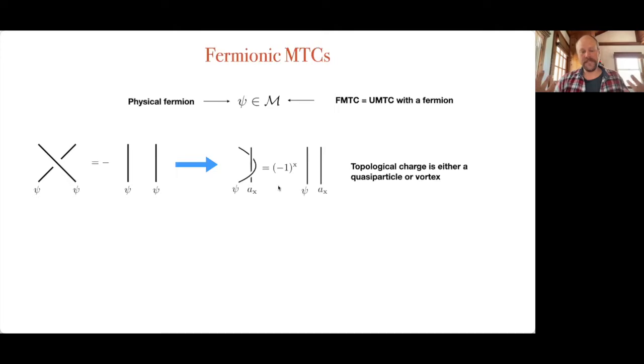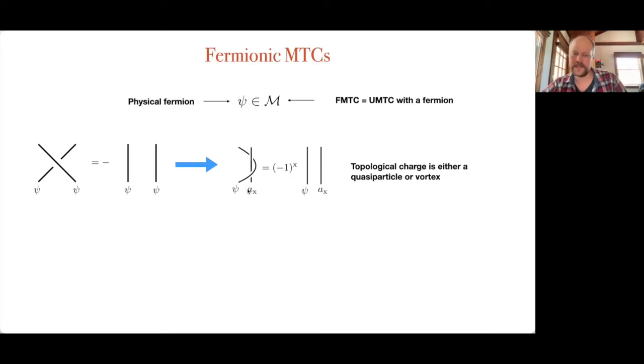What this immediately tells you is that every topological charge in our theory either braids trivially with the fermion or non-trivially. If it braids trivially, we will call it a quasi-particle. If it braids non-trivially, we'll call it a vortex. I'll also add subscripts to the topological charges, X here, which tells you in which way it's braiding with psi.